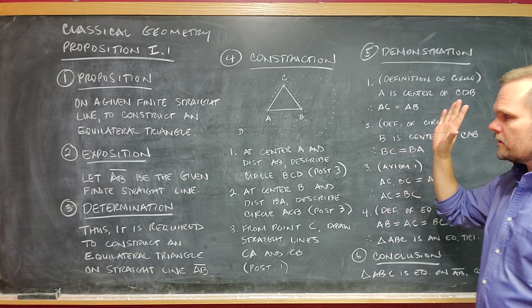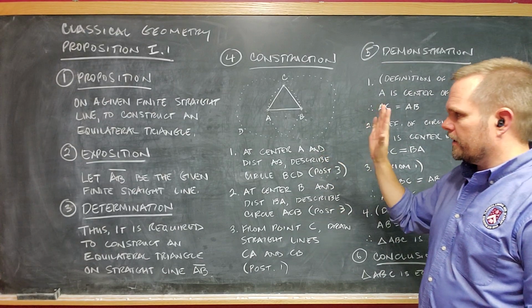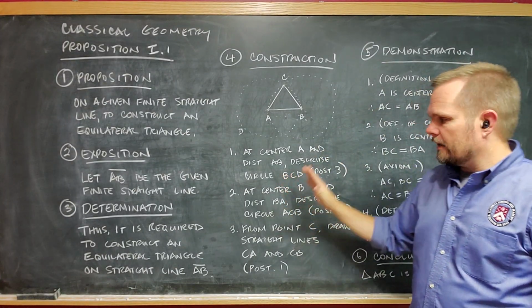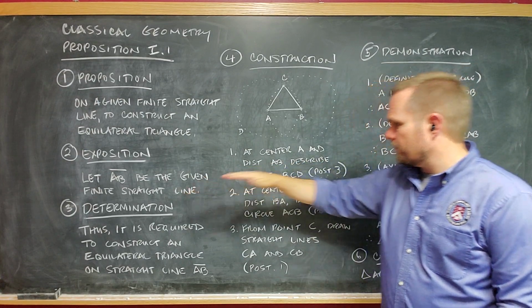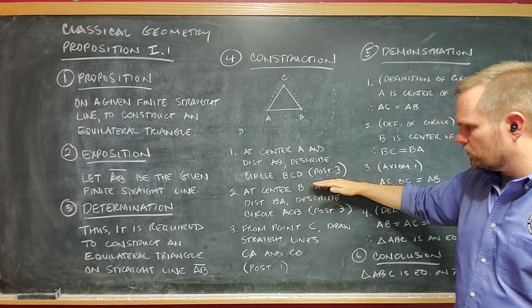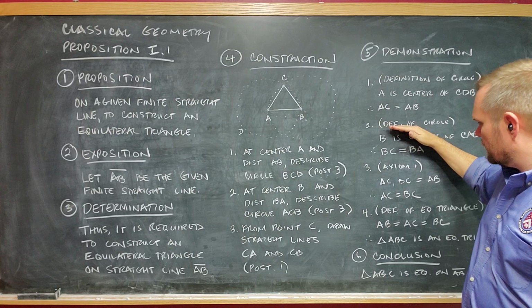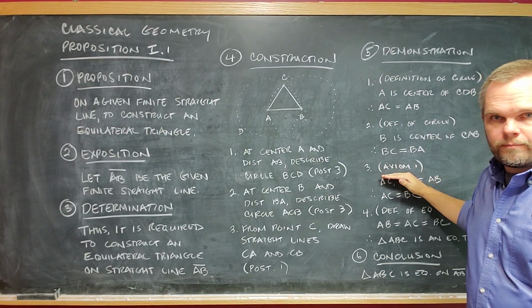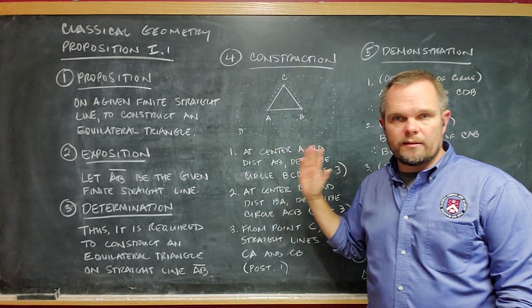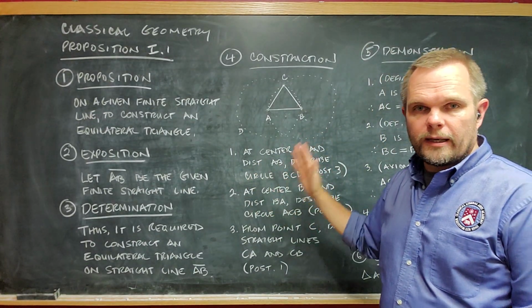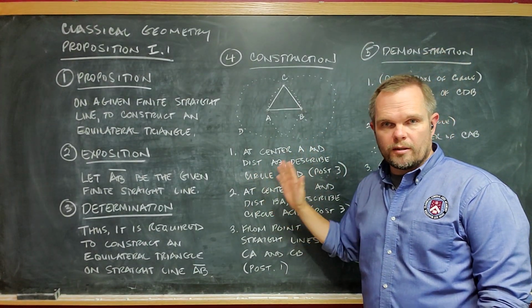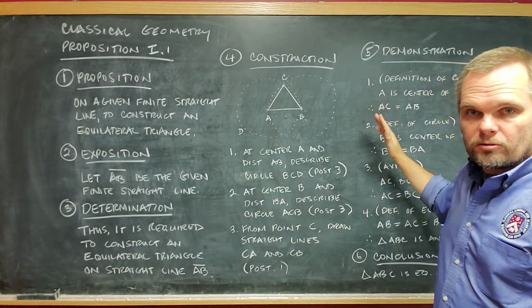So every single step that we have taken has either been done by something granted to us, by a postulate given to us, by a definition, or by an axiom. Everything that we've said and done is absolutely certain and proven in our construction and demonstration.